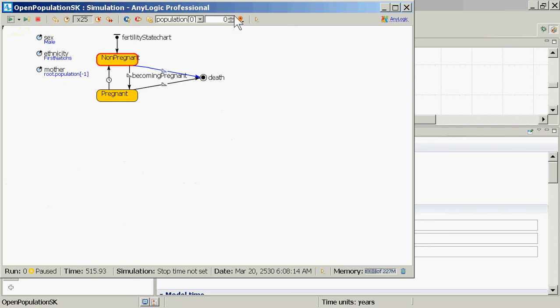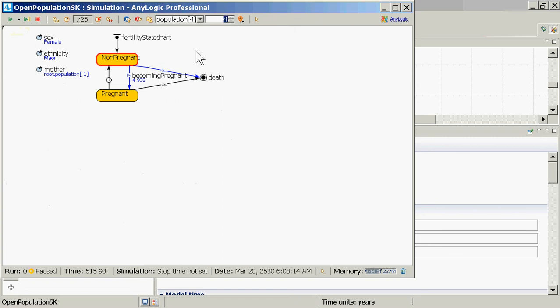But I want you to note something here, that a lot of the people here are listed with a mother of root population -1. That means they have a mother, they were assigned a mother, but their mother is not currently in the population. The mother has passed away.